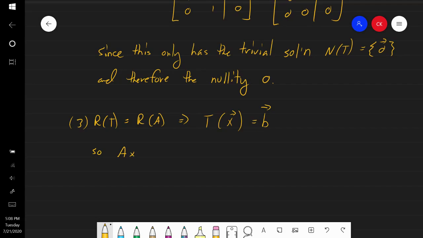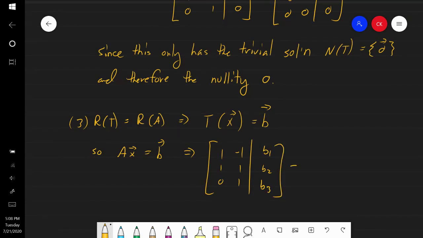So again, using our alternate definition for what the transformation is, it's A times x equals b. So now it looks familiar. We'll throw that into an augmented matrix, and we would get 1, 1, 0, minus 1, 1, 1, and b1, b2, b3, representing our values in our range.